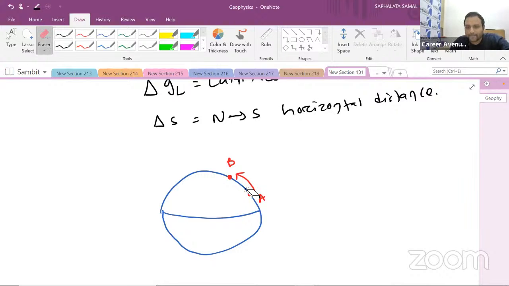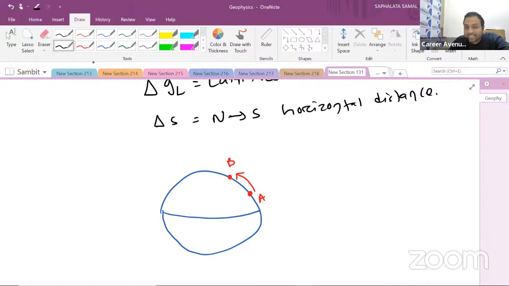Answer quickly. From A to B, it will increase, no? Because I'm going from pole to equator, isn't it? So towards the equator, the gravity value increases, no?